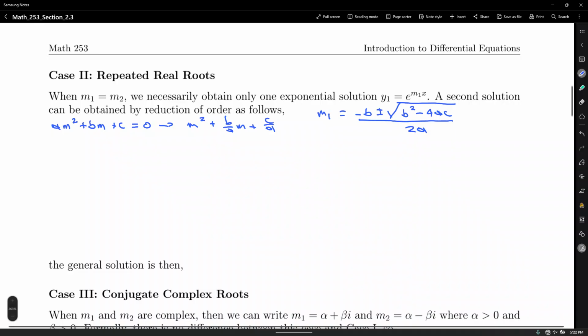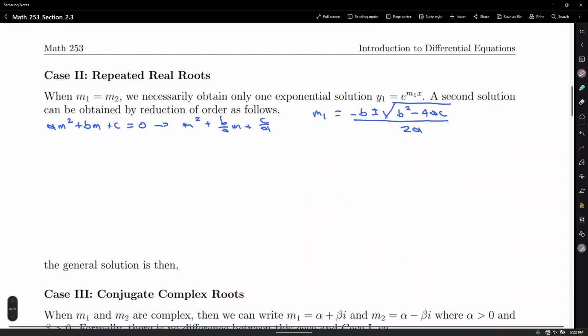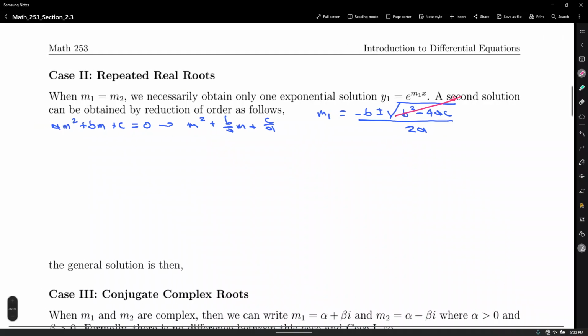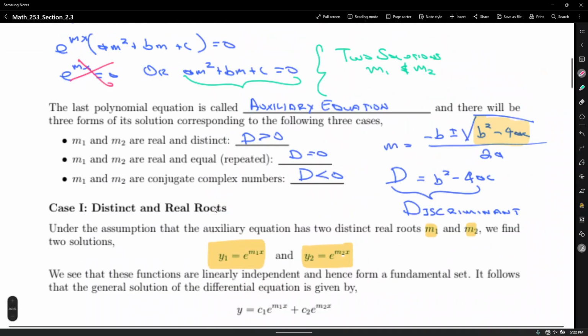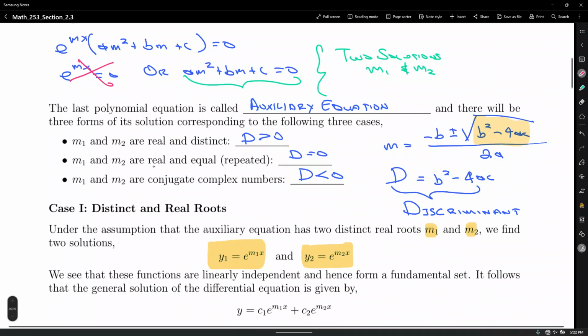I'm going to simplify the solution by setting the discriminant equal to 0. Why is that equal to 0? Because whenever we have two equal solutions, the discriminant is equal to 0, right? We discussed that in the previous lecture. So m1 and m2 are real and repeated whenever the discriminant is equal to 0.